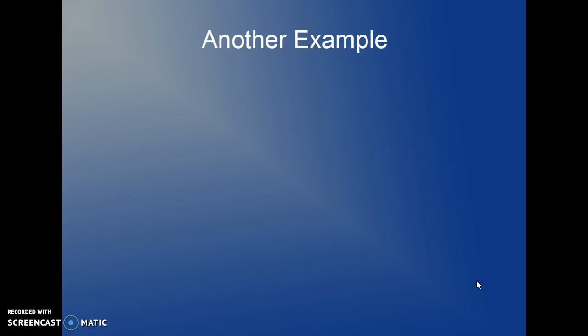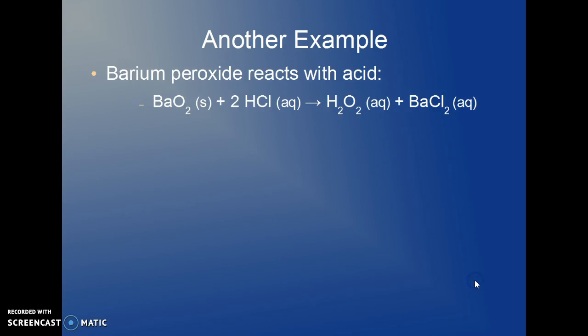Now let's do an example. You can do this yourself: turn off the video once you've seen the problem and solve it, and then come back and check the solution. Barium peroxide reacts with acids. Barium peroxide was the first metal peroxide to be discovered, and it reacts with acid to form hydrogen peroxide.